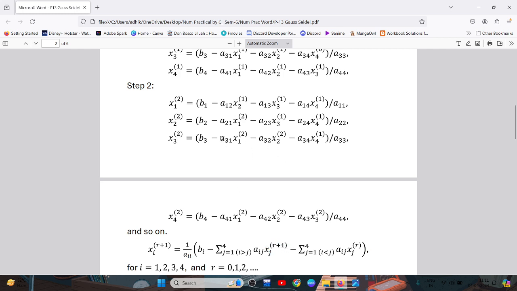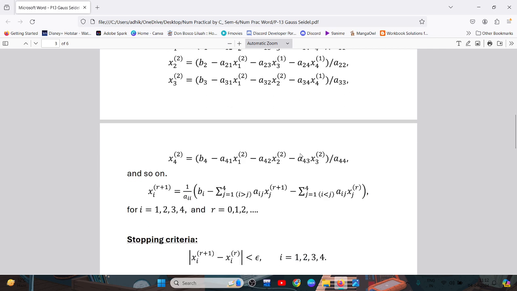In the equation for x3, with a31, i is greater than j, so we use x1 from step 2. With a32, 3 is greater than 2, so we use x2 from step 2. But in a34, i is less than j, so x4 comes from the previous step, the rth step, that is x4 from step 1.